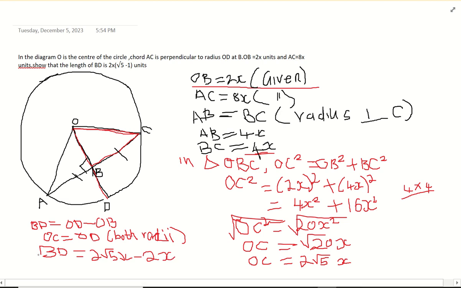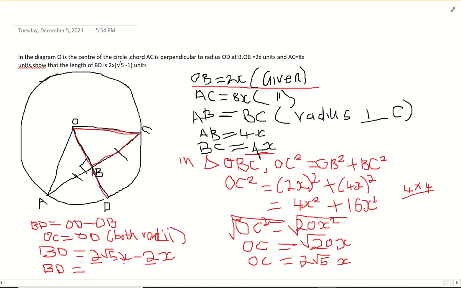Then if you can see our equation well, we have 2 here, we have 2 here, and we also have 2 here.